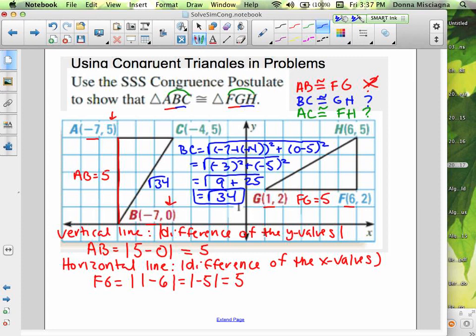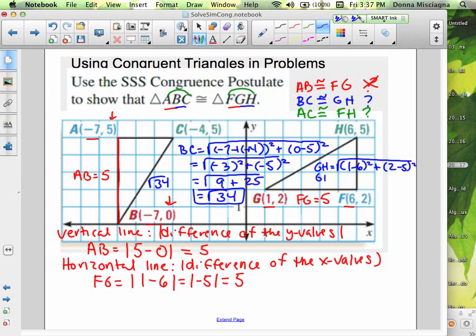Let's find the length of GH. I guess I'll start with smaller. I'll do it right over here. All right, so FG or GH is equal to the difference in the x coordinates, 1 minus 6 squared, plus the difference in the y coordinates, 2 minus 5 squared.